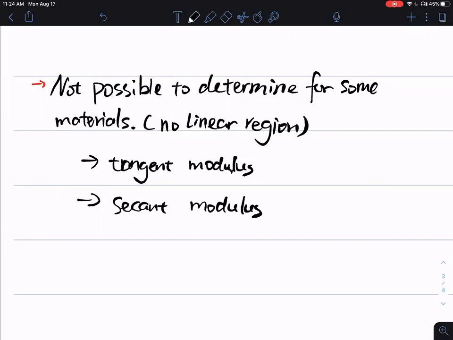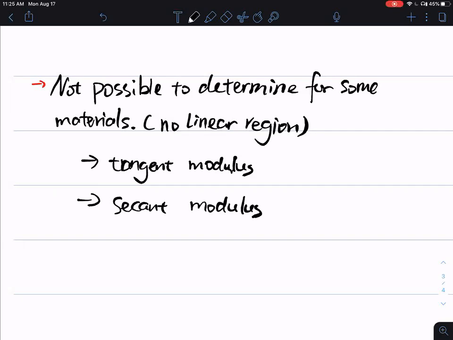Okay. And how can we use Young's modulus? If we don't have the stress strain diagram of a material, if I only tell you material X has a Young's modulus of 200 Pascal, you can use this information to solve some engineering problems.